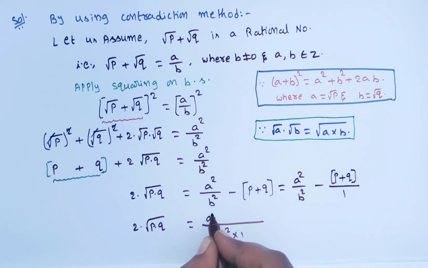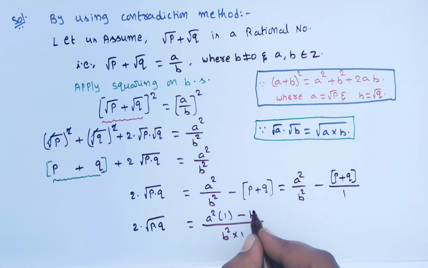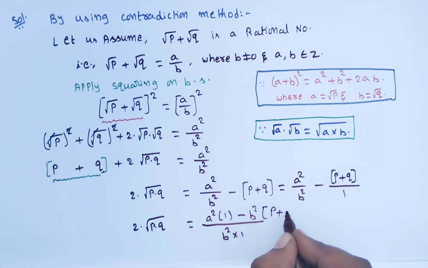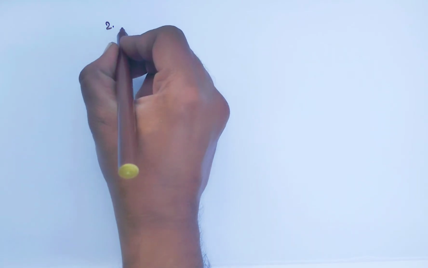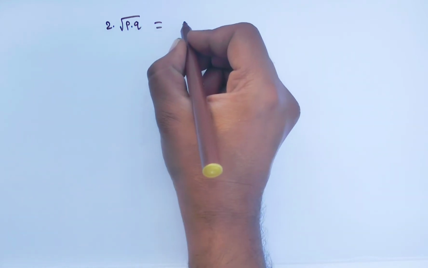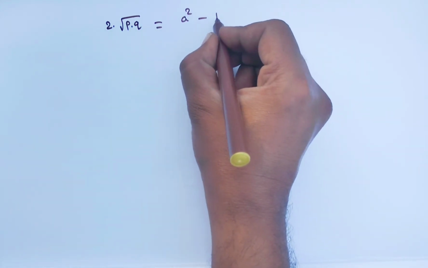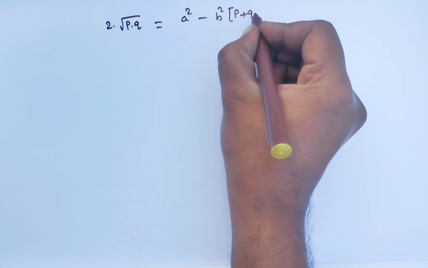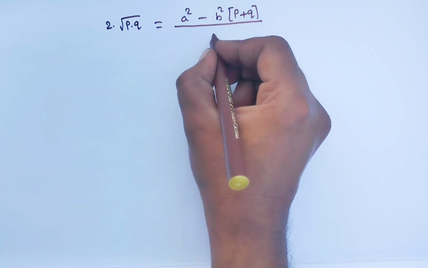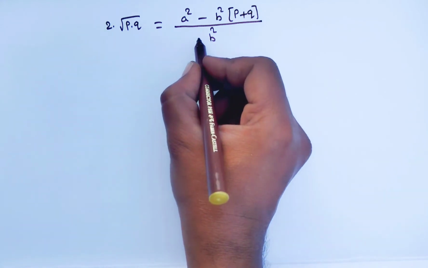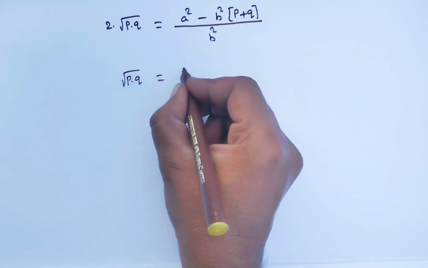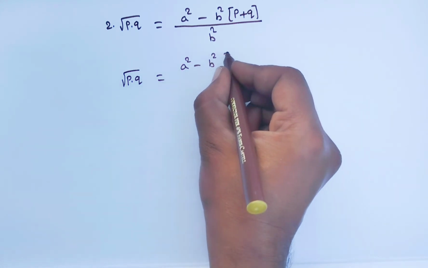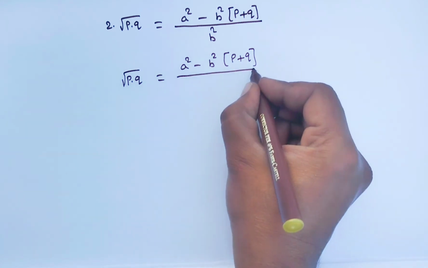Do cross multiplication: a squared of 1 minus b squared of (p plus q). Next step, continuation on the next page. 2 into root of pq equals (a squared minus b squared of (p plus q)) divided by b squared. So 2 transposes to the RHS, and root of pq equals (a squared minus b squared of (p plus q)) divided by 2b squared.